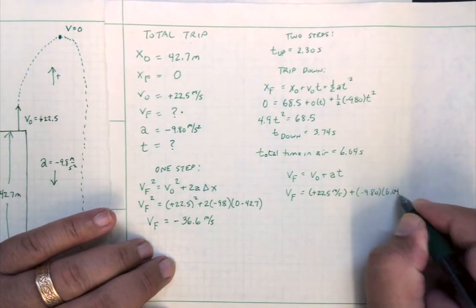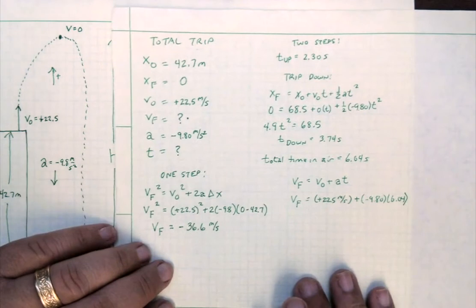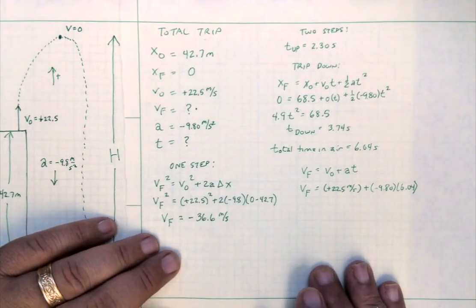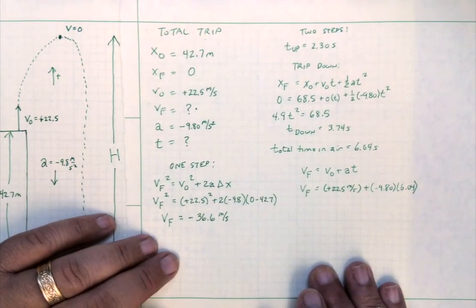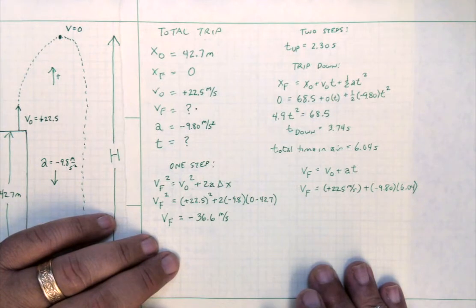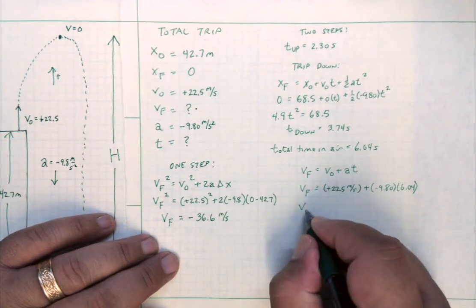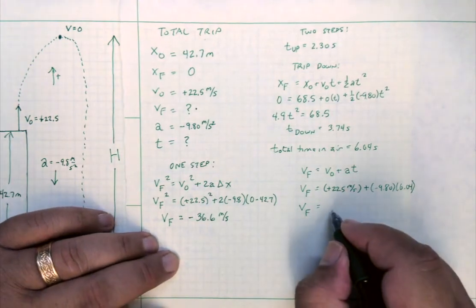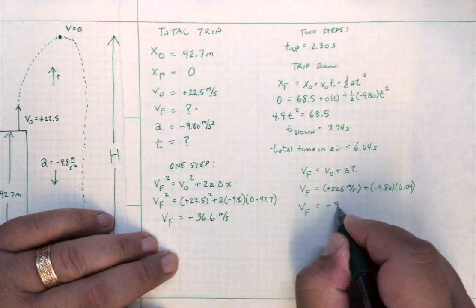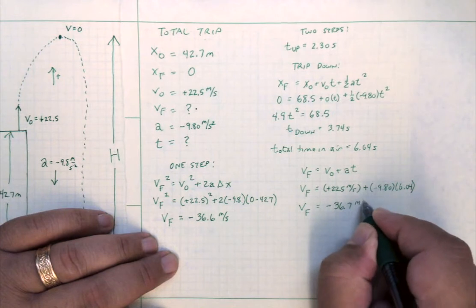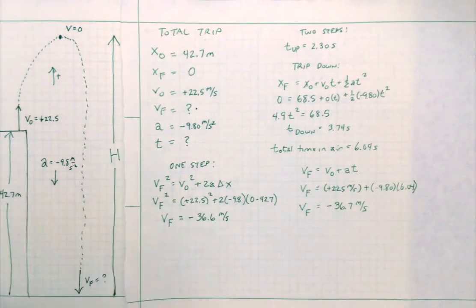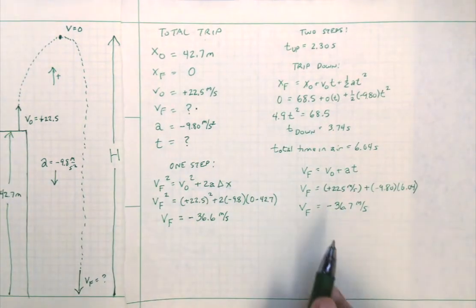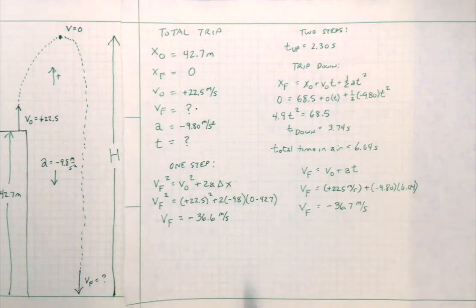It's very important to keep those signs straight. Otherwise, you run the risk of making a significant error. This gives us a final velocity of negative 36.7 meters per second. Again, the negative sign indicating that the velocity is downward.